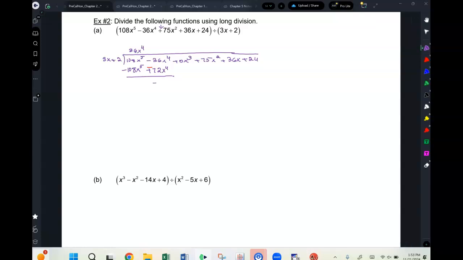So now here we have negative 108x to the 4 plus 0x cubed. So now negative 108 divided by 3 is negative 36x cubed. So I get negative 108x to the 4 minus 72x cubed. So let's change the signs.